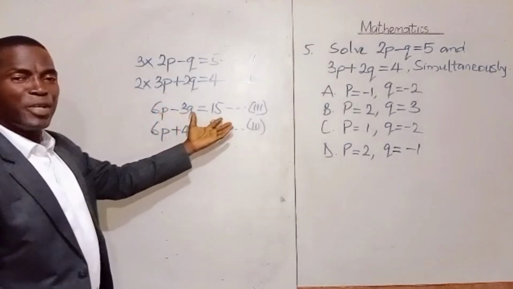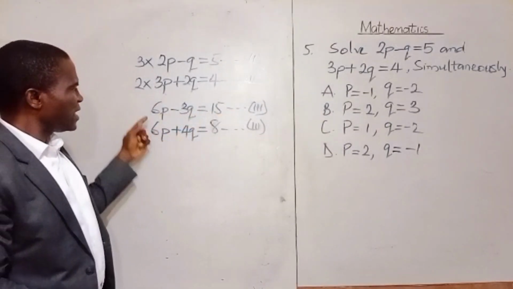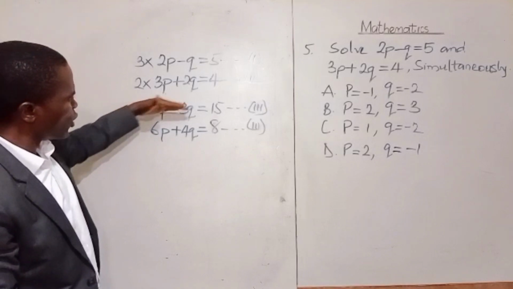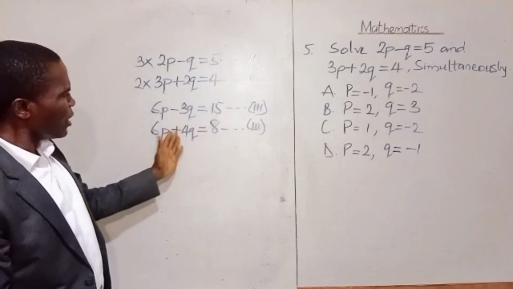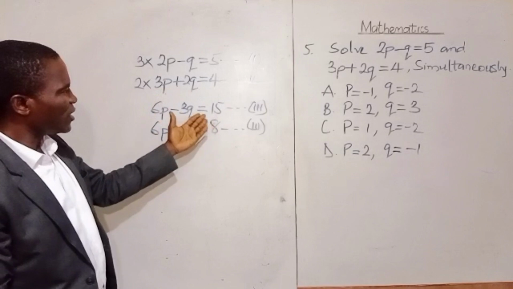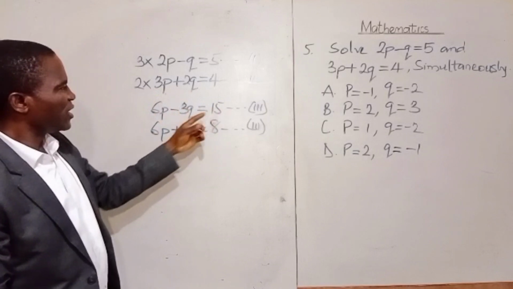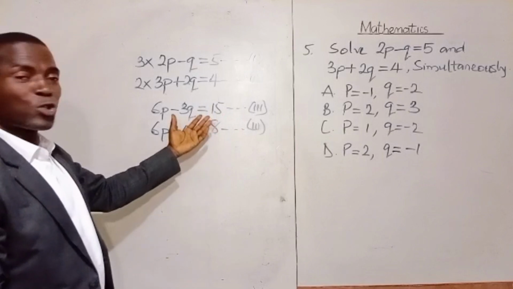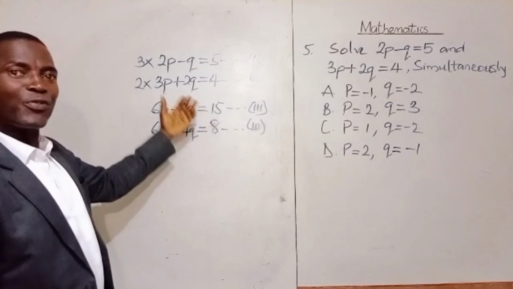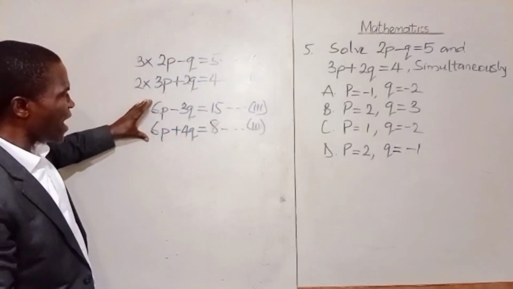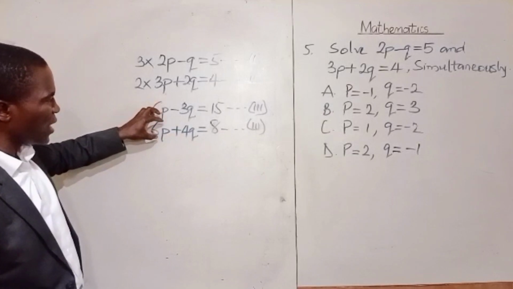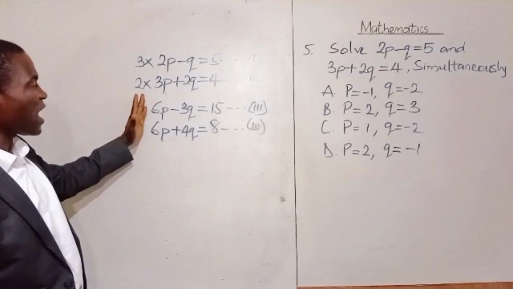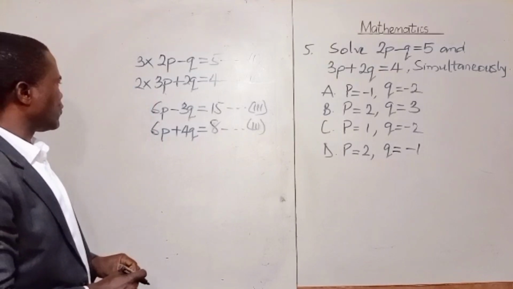Now, the process of elimination begins at this point. Now that their coefficients are the same, we can look at equation 3 and equation 4. Which one do you think is bigger? We are going to subtract one of the equations from the other one in order to eliminate this particular term and this term that have the same coefficient.